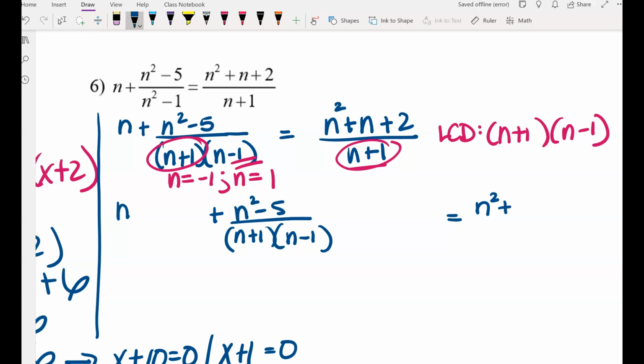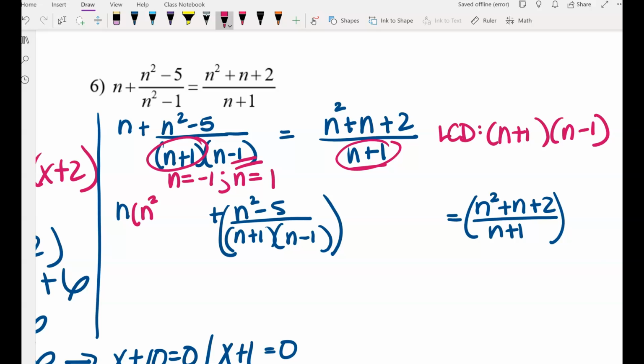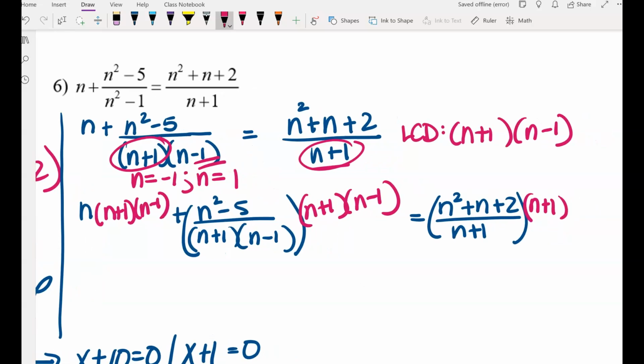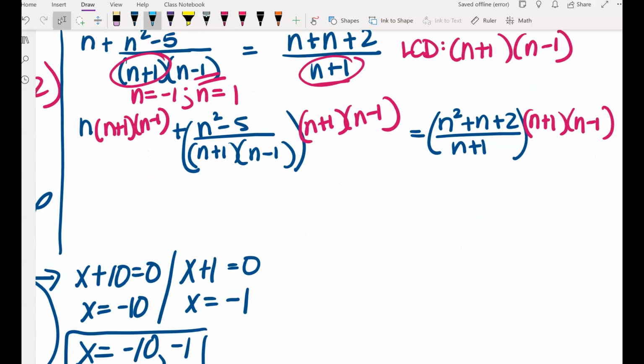And n squared plus n plus 2 all over n plus 1. So give myself space here. Now go in and multiply every single term by the LCD, n plus 1 times n minus 1. Okay, let's reduce. First term, nothing we can do.